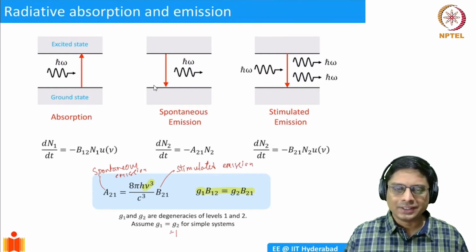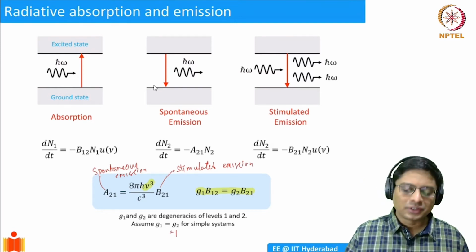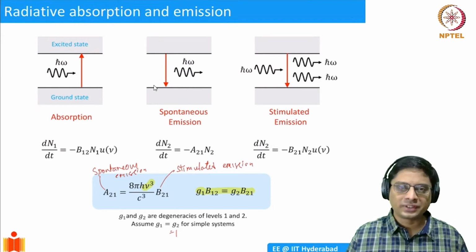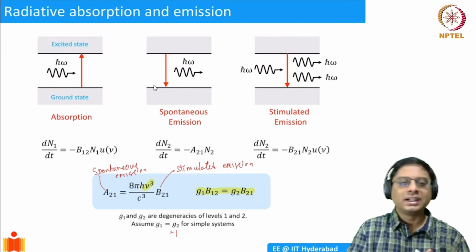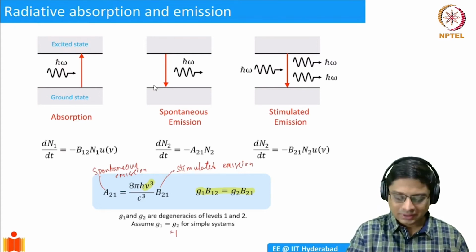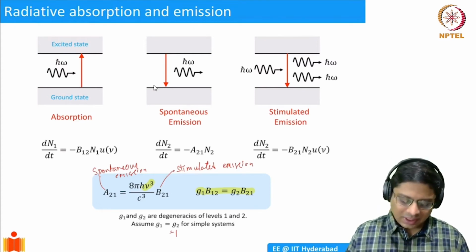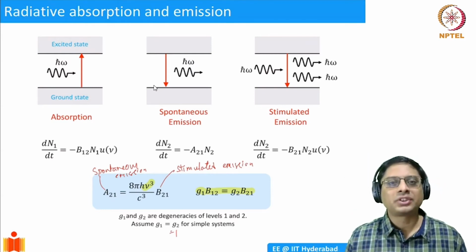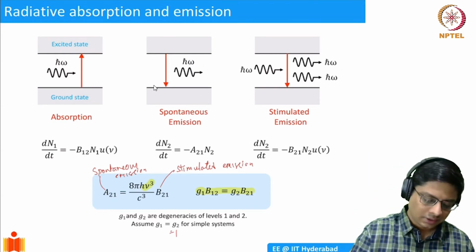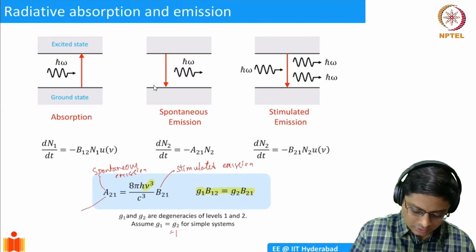Red has a lower frequency, green a slightly higher frequency, and blue is still higher, right? As you go to higher and higher frequencies, the spontaneous emission process becomes very, very strong.